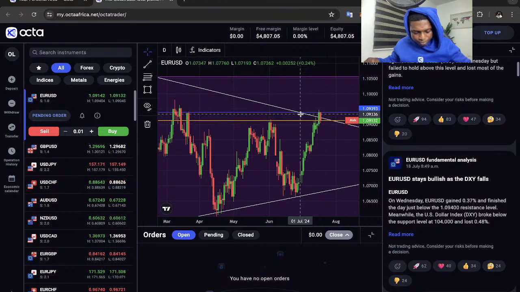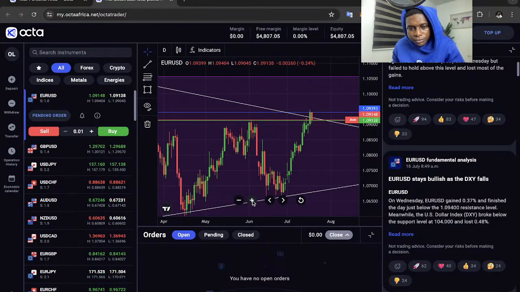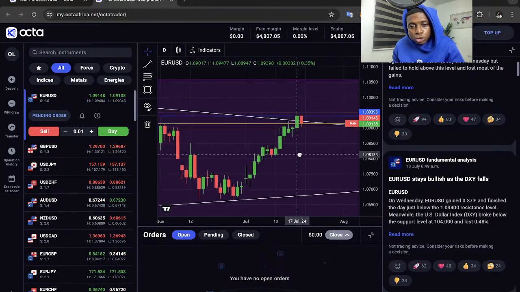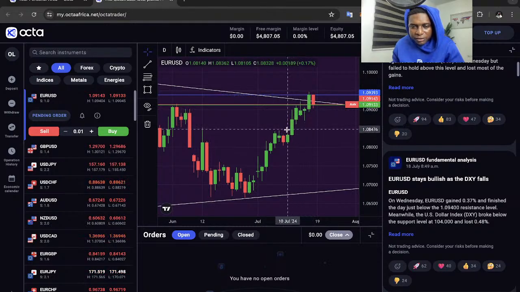Now when you look at this, price got to 1.094. Let's count 12 candles from this level where price has currently gotten to, which is 1, 2, 3, 4, 5, 6, 7, 8, 9, 10, 11, 12.